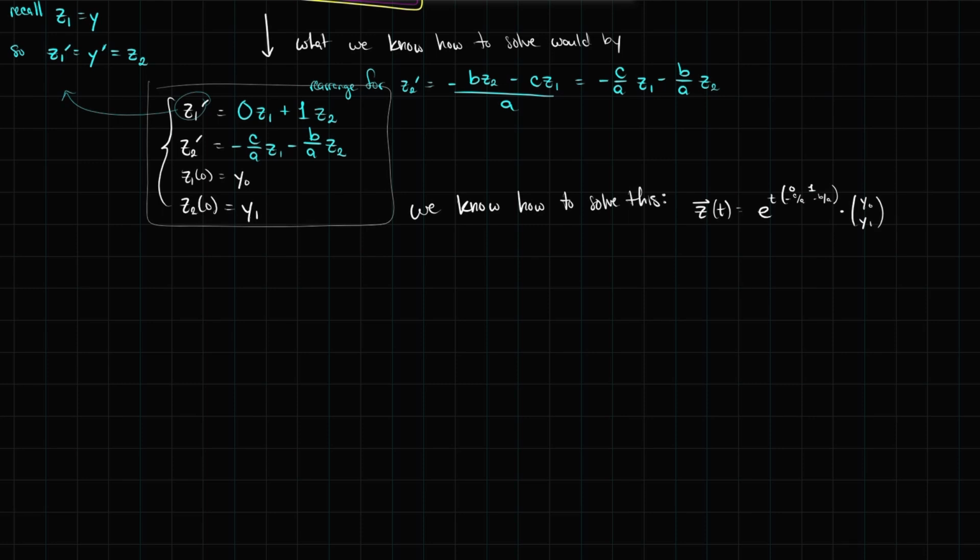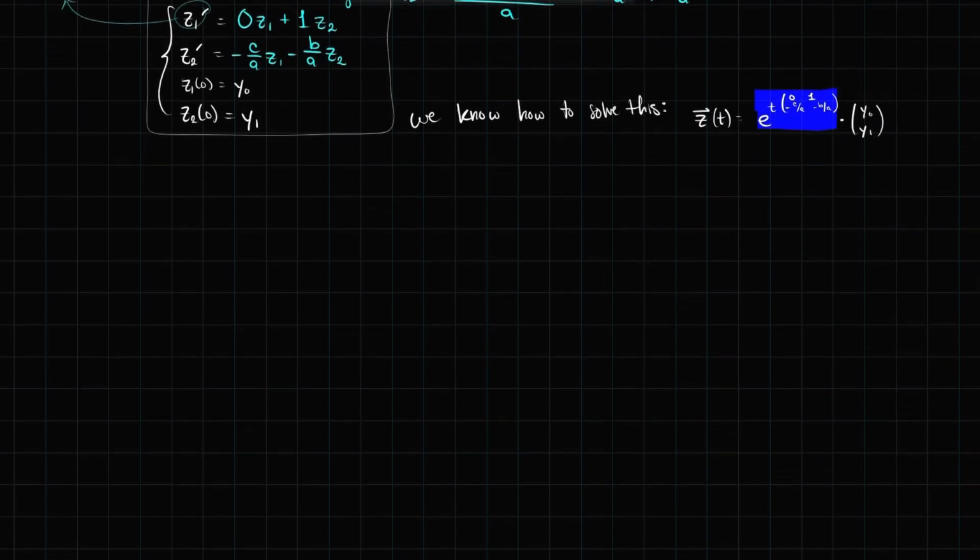So let's go ahead and compute this matrix exponential. You may be worried that we won't be able to find a computation for it, but we will. Let's go ahead and compute the matrix exponential by diagonalizing 0, 1, negative c over a, negative b over a. What do I need to do to diagonalize? Start with eigenvalues.